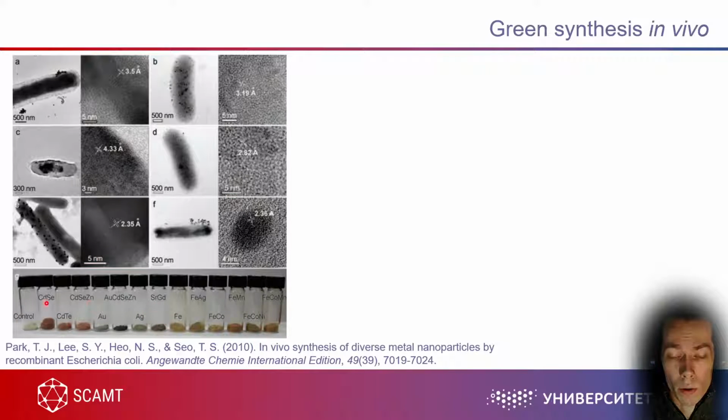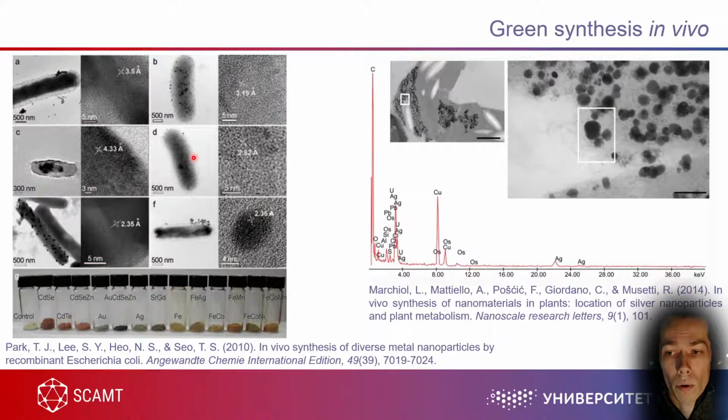Now, all of these examples were produced by living bacteria. But not only bacteria can produce particles, because if we look, for example, at leaves of some plants, plants also can produce some nanoparticles.